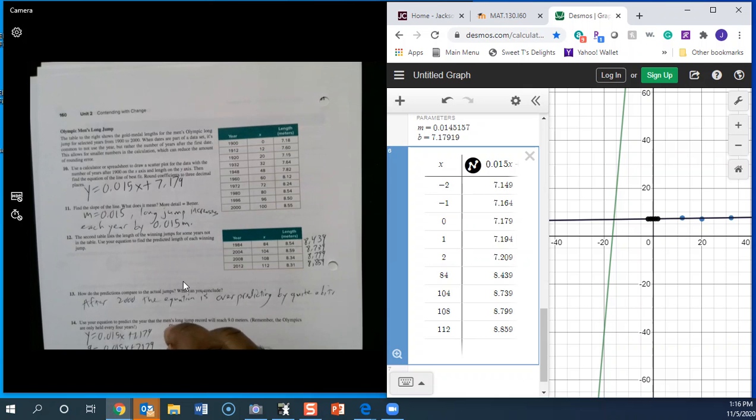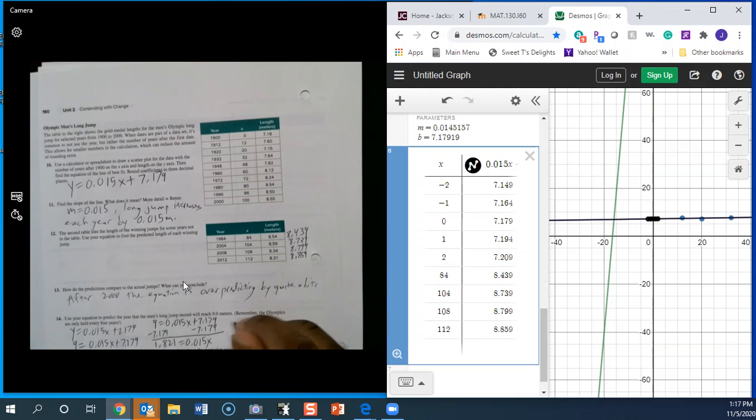Now, so we had 9 is equal to 0.015x plus 7.179. We'll subtract 7.179. So this will give us 1.821 is equal to 0.015x. So we have 1.821 equals 0.015x. Divide each side by 0.015.